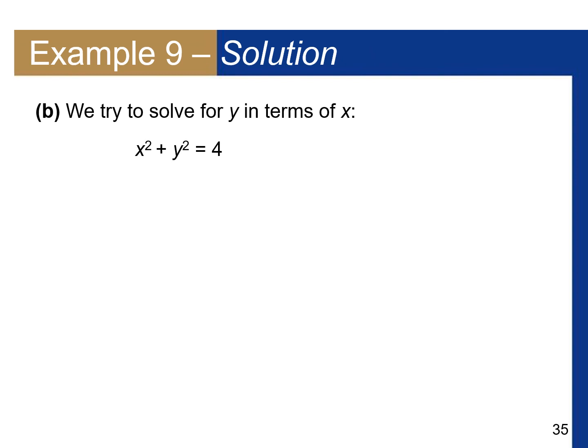Now if we do the second one and we want to solve it for y in terms of x, I get y squared equals 4 minus x squared when I bring x squared to the other side. And when I take the square root, I will get plus or minus the square root of 4 minus x squared.